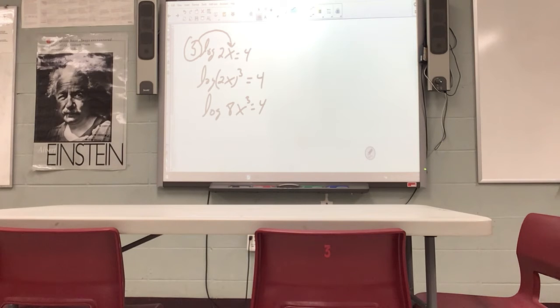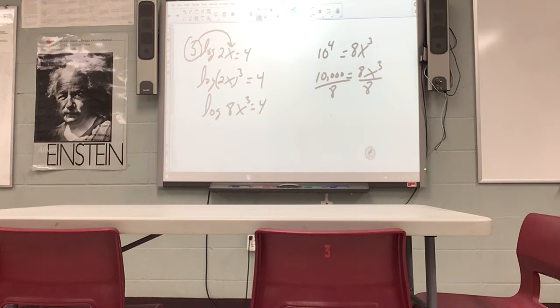Okay, so now we've got our log form simplified, so we need to rewrite it in exponential form. So again, we have an understood base of 10. So 10 to the 4th equals 8x cubed. Okay, so 10 to the 4th, I guess that'd be 10,000. Equals 8x cubed, so then divide it by 8.